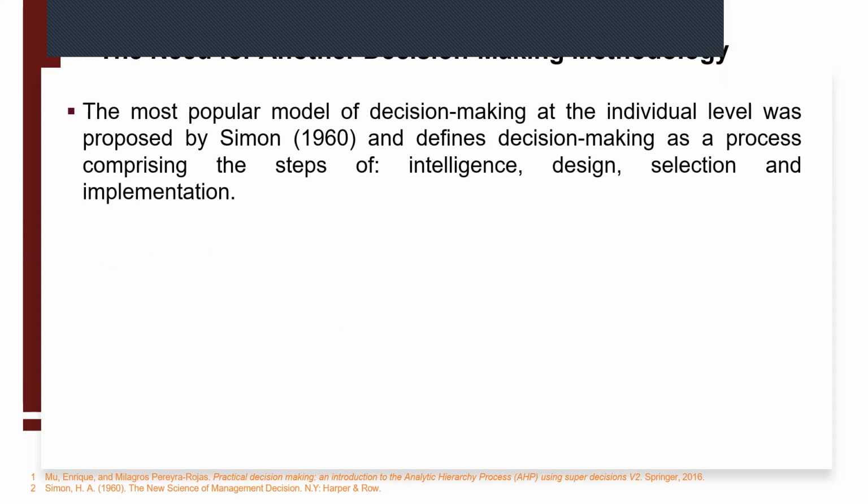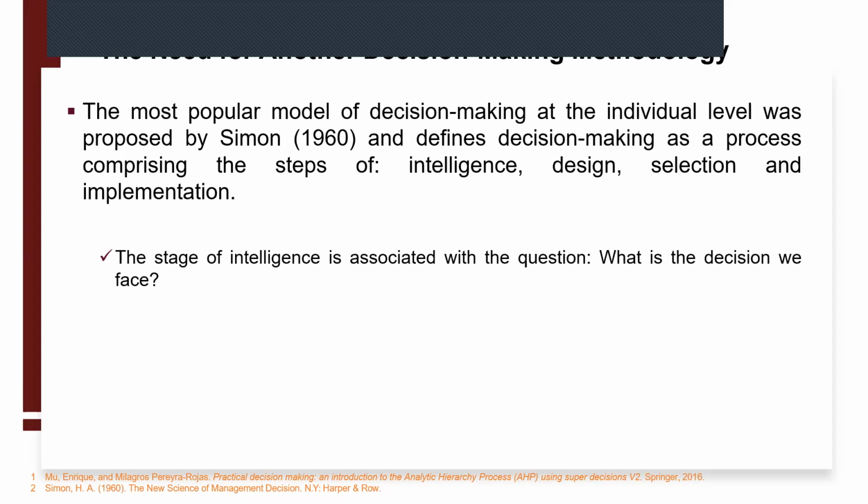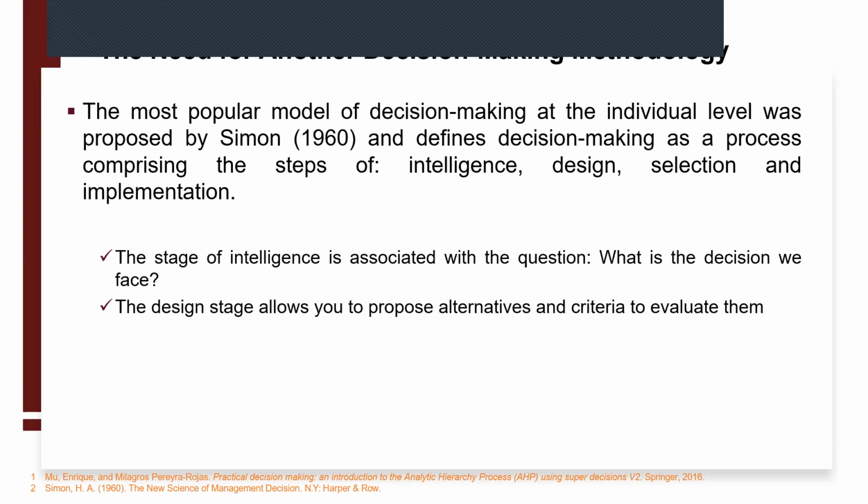So the most popular model of decision making was proposed in 1960 by Simon, and it comprises the following steps. We always start with the question, what is the decision we face? So it will depend on the issue facing us.